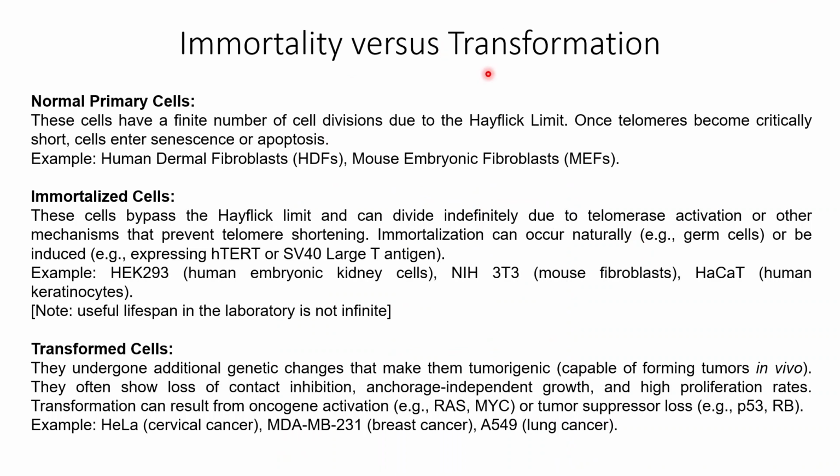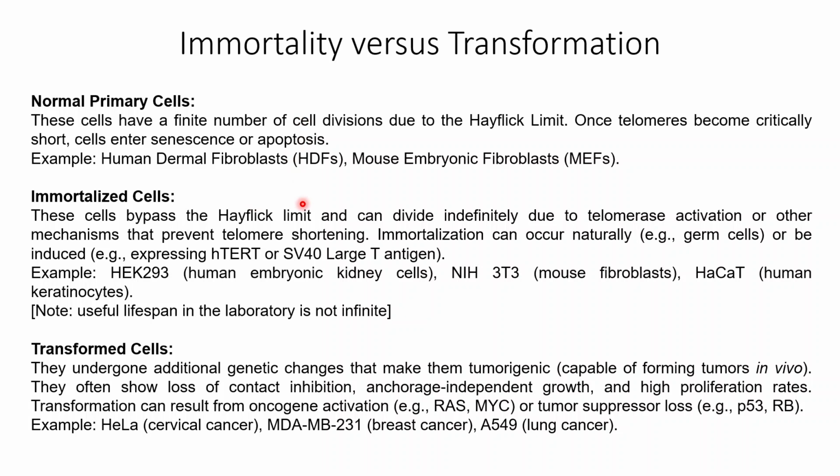So what is immortality, what is a transformed cell, and what is a primary cell? You have normal primary cells. These are cells that have a finite number of cell divisions, because of the Hayflick limit. Once their telomeres become critically short, cells will become senescent, or they can become apoptotic depending on the internal cell state.